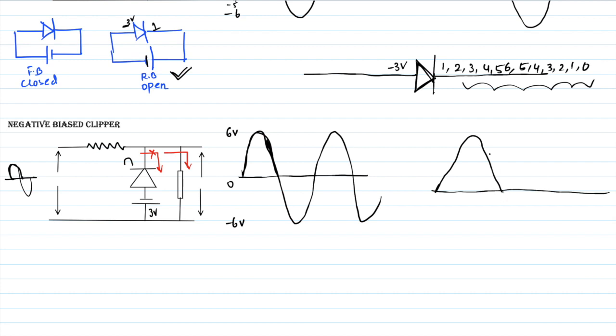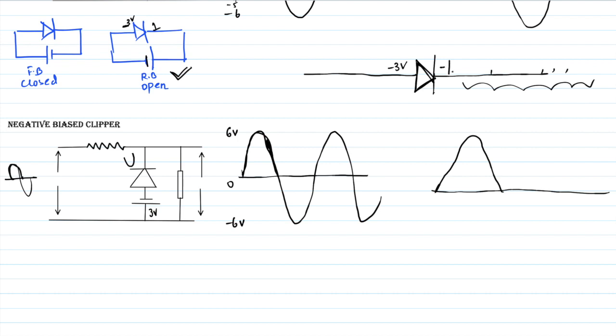What happens when you supply a negative signal? Now you are giving a negative signal to the cathode. The anode is still minus 3 volts, and the cathode voltage will keep changing. The cathode is now minus 1, minus 2, minus 3, minus 4, minus 5, minus 6.